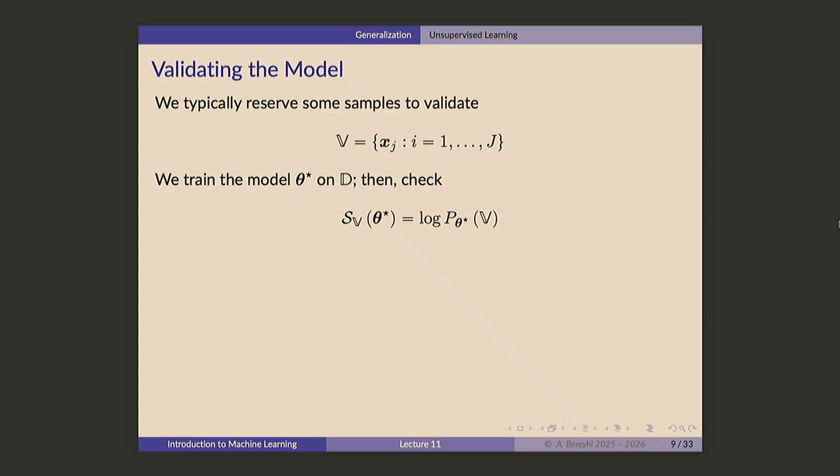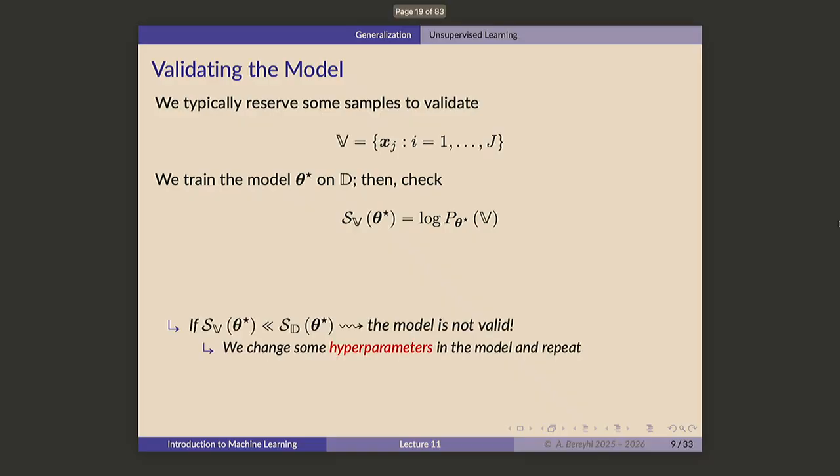So you have the training data D, you have a test set T, and you have a separate set V. These are new samples that neither the test nor the training has seen. Now, what you do is first train your model on D, and then test it on this validation set, right?